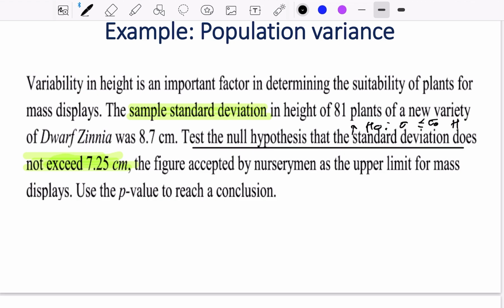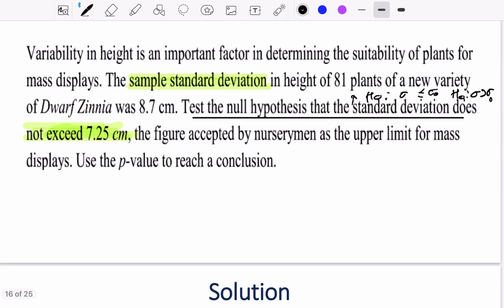So that means that your alternative will be sigma is greater than sigma naught. Okay, cool. So now you know. So just read the question carefully. Just make sure you read it twice in order for you to get the correct information. As I always say, you see here, I also read it twice again to make sure that what I'm saying is true.